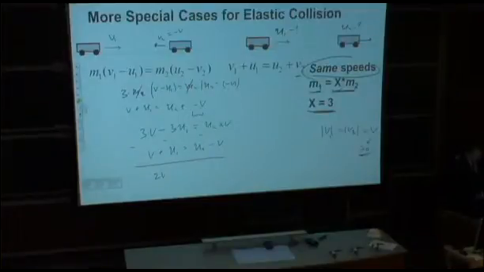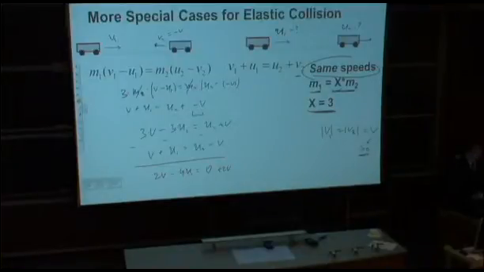Negative 3u1 minus u1, negative 4u1 should be equal to 0. And v minus negative v, 2v.